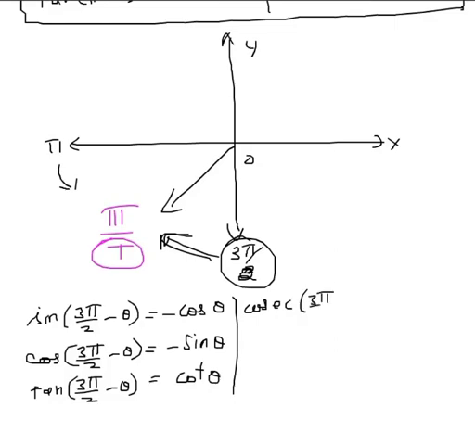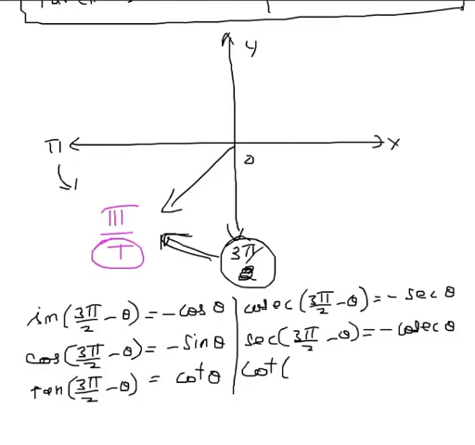Cosecant of 3 pi by 2 minus theta: in the third quadrant, cosecant is negative. We change the ratio because of 3 pi by 2. Secant in the third quadrant is negative. Change the ratio. And here cot of 3 pi by 2 minus theta is positive and you have to change the ratio because of 3 pi by 2.